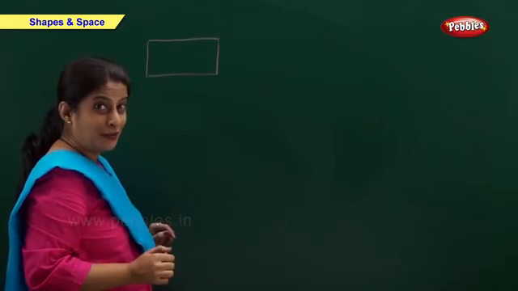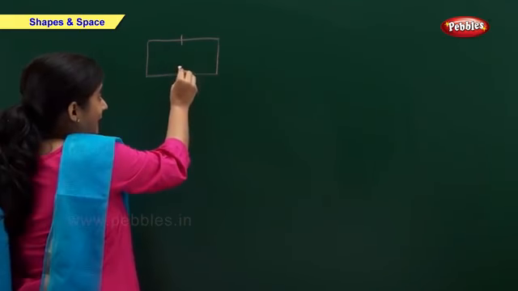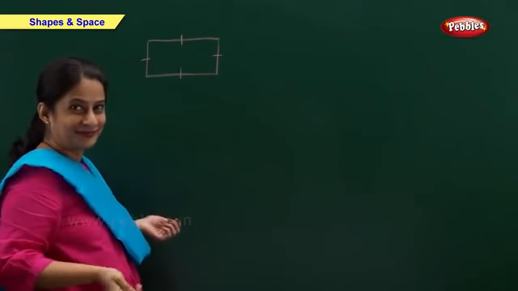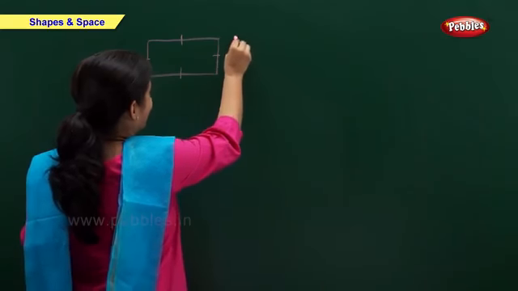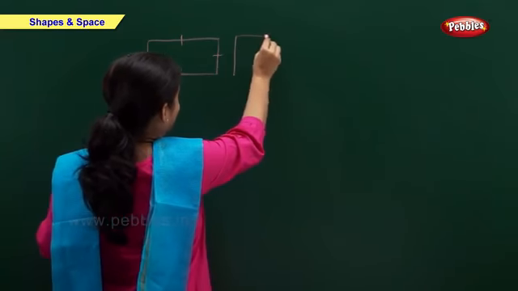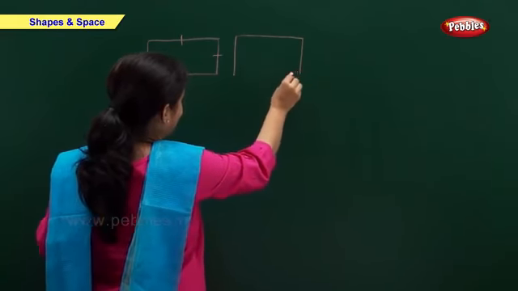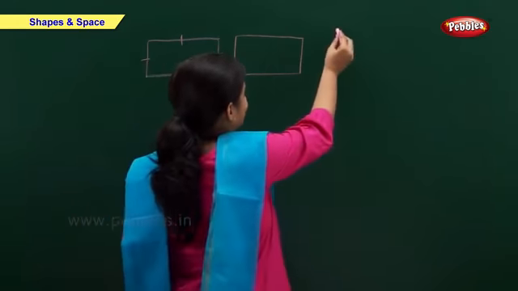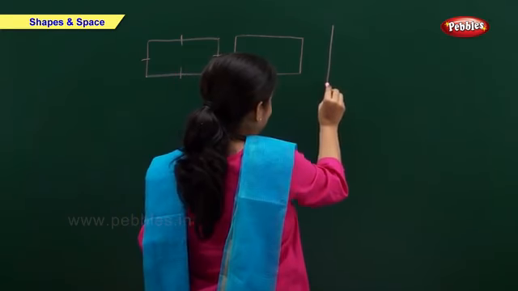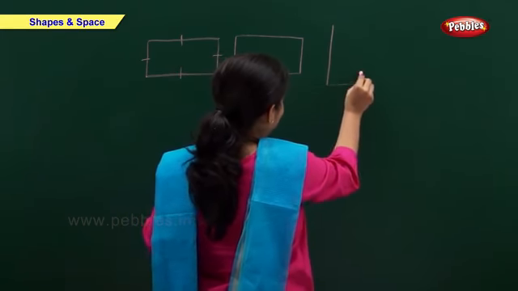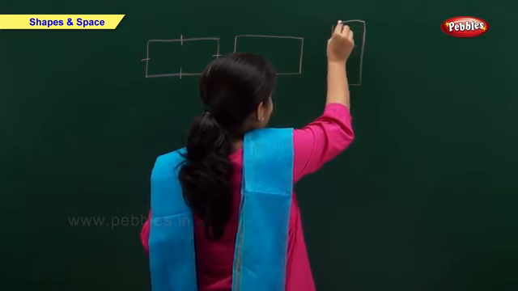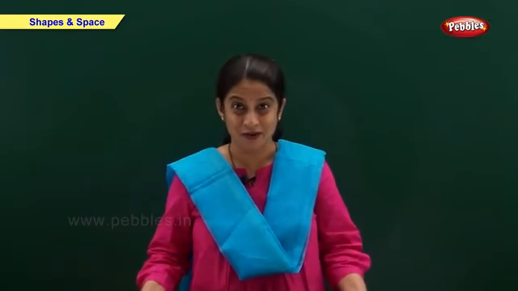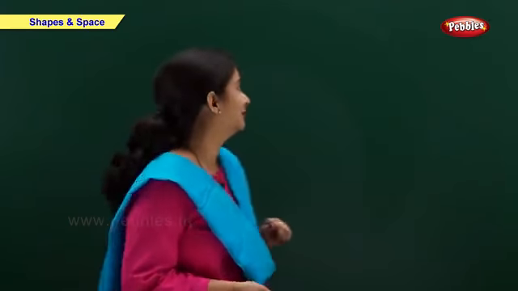Rectangle. And you know friends, the opposite sides of rectangle are equal. Rectangle. Rectangle. Now let us draw a triangle.